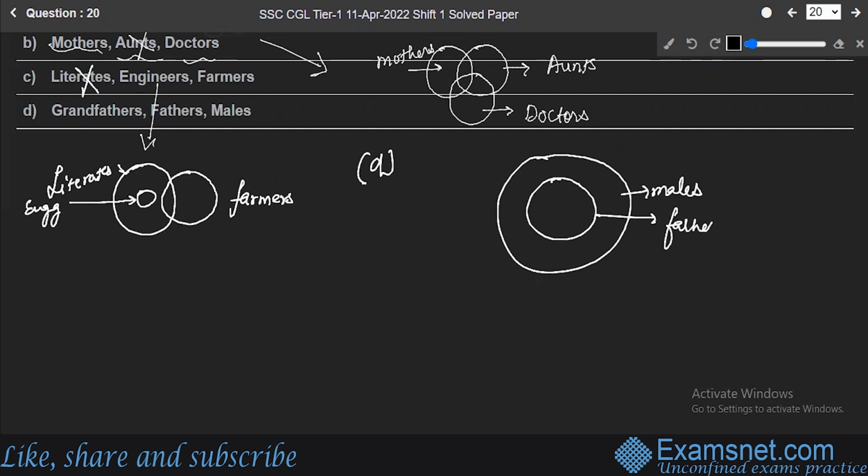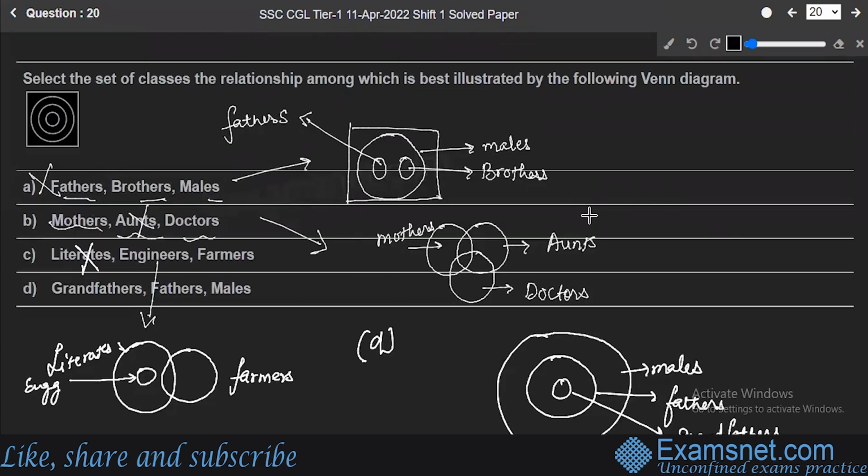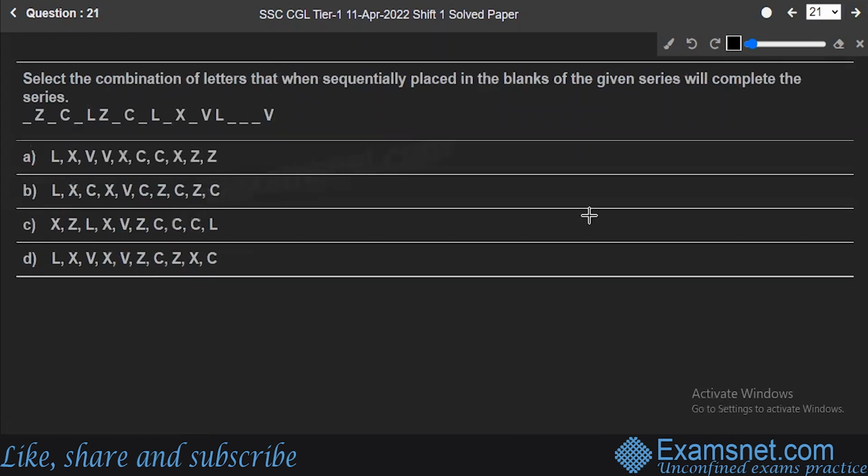Now, some fathers are also grandfathers, right? So, all grandfathers are fathers, and grandfathers and fathers are male. So, I hope we got our answer. This is the correct answer. This is exactly matching with the Venn diagram given in the question. So, what is the correct answer? Option D. Right?